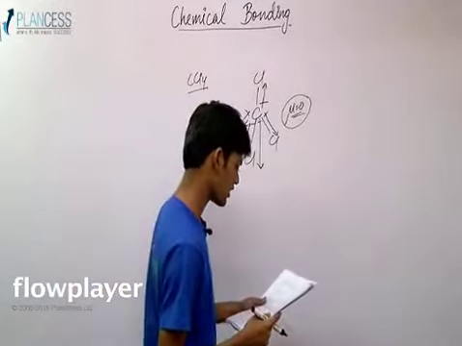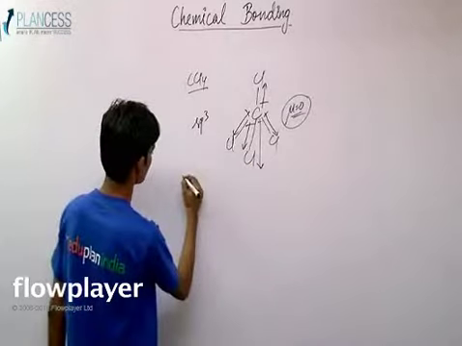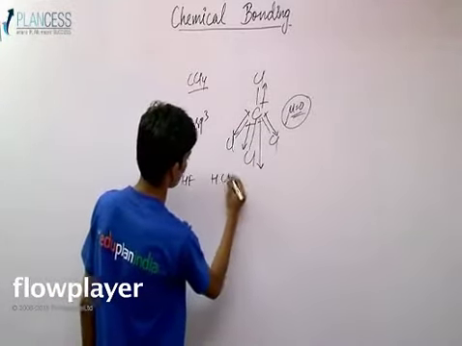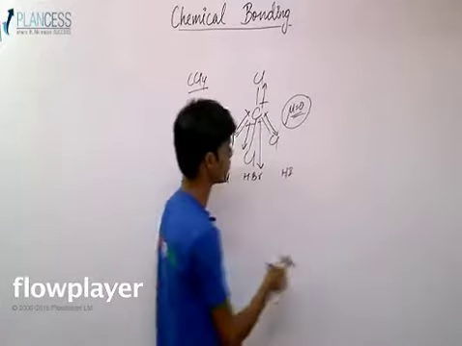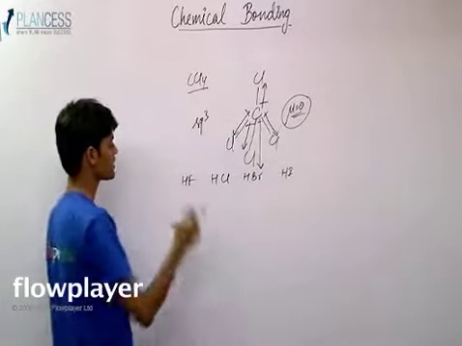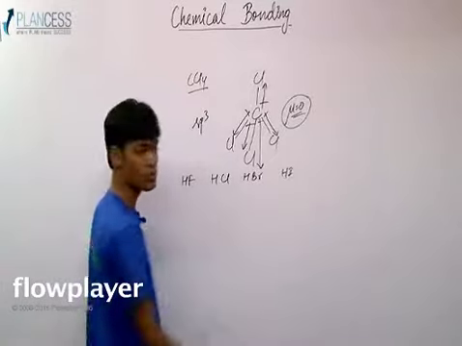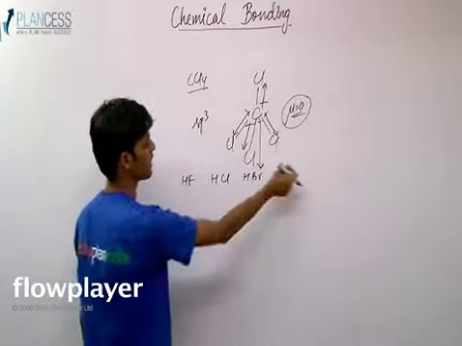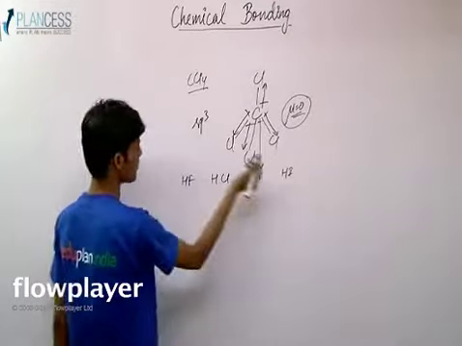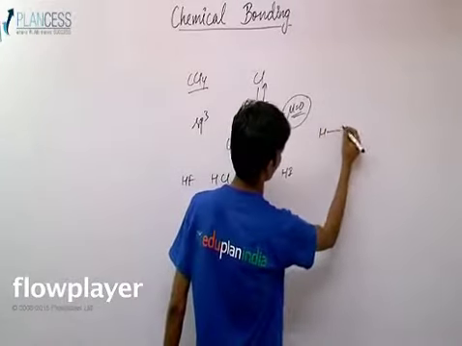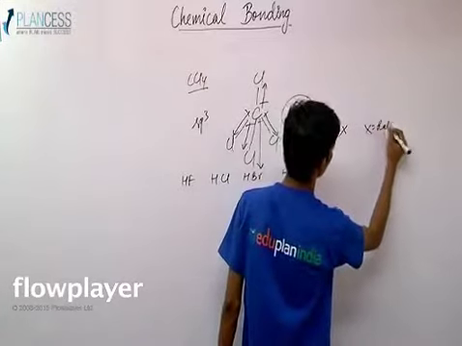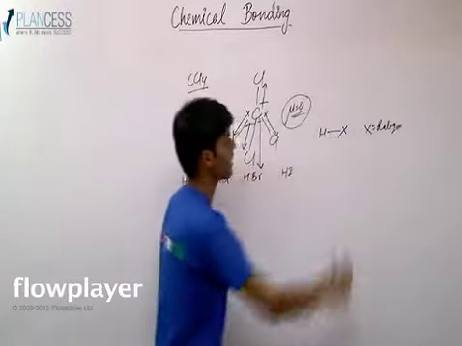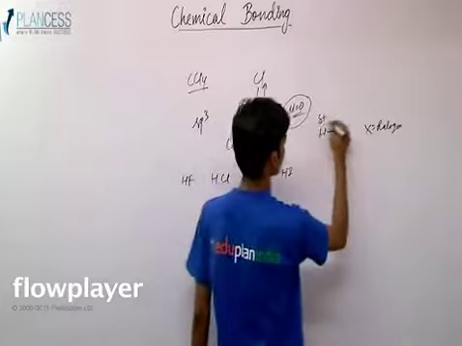Now consider HF, HCl, HBr and HI, how will you comment on the dipole moment? First we know that F is the most electronegative, then Cl, then Br, and then I. Let's denote it by HX, where X is a halogen, then there is a delta plus sign and a delta minus sign.